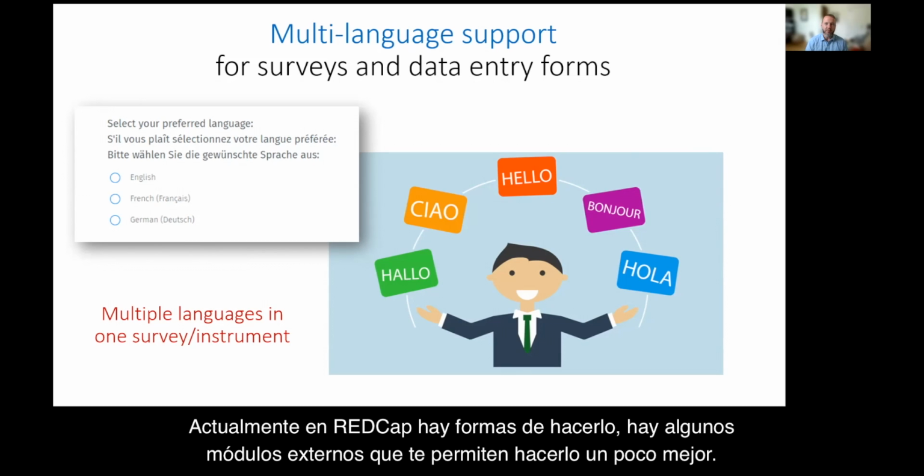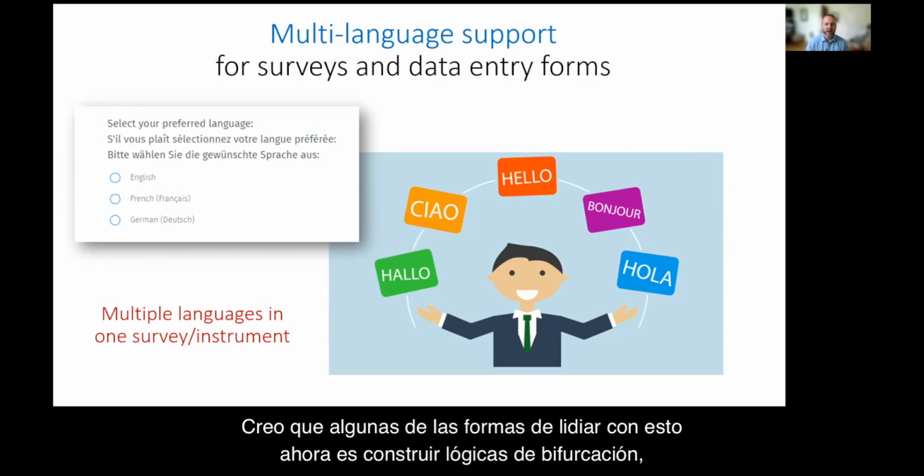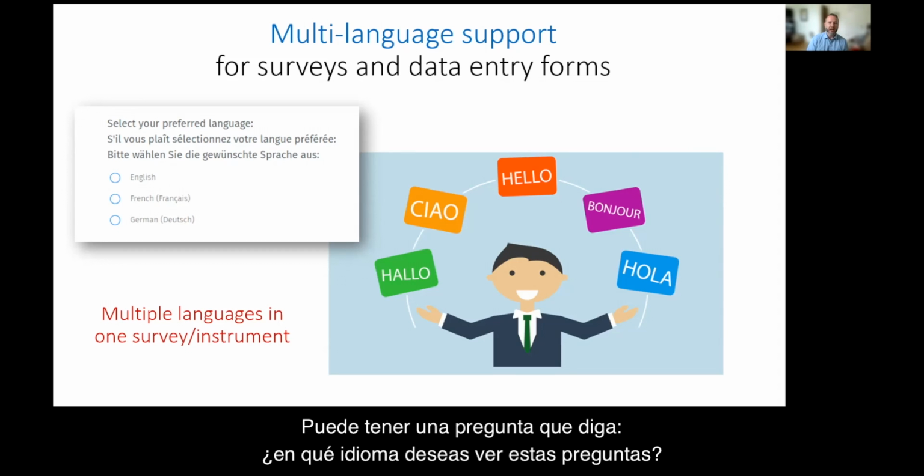Right now in REDCap, there are ways to do it. There are some external modules that allow you to do this a little bit better. And some people try to build workarounds that are not ideal, but do work. I think some of the ways to deal with this now are to build in fancy branching logic. So you could have a question that says, what language would you like to view these questions in?